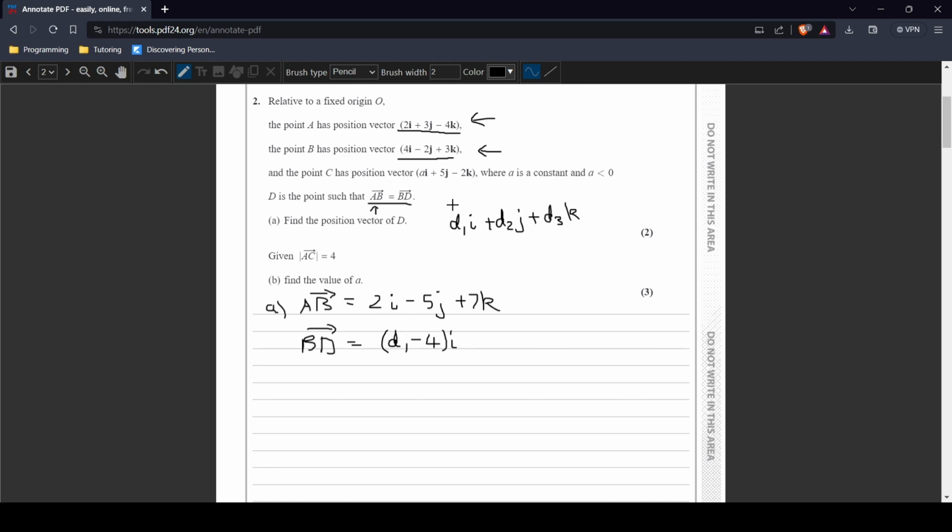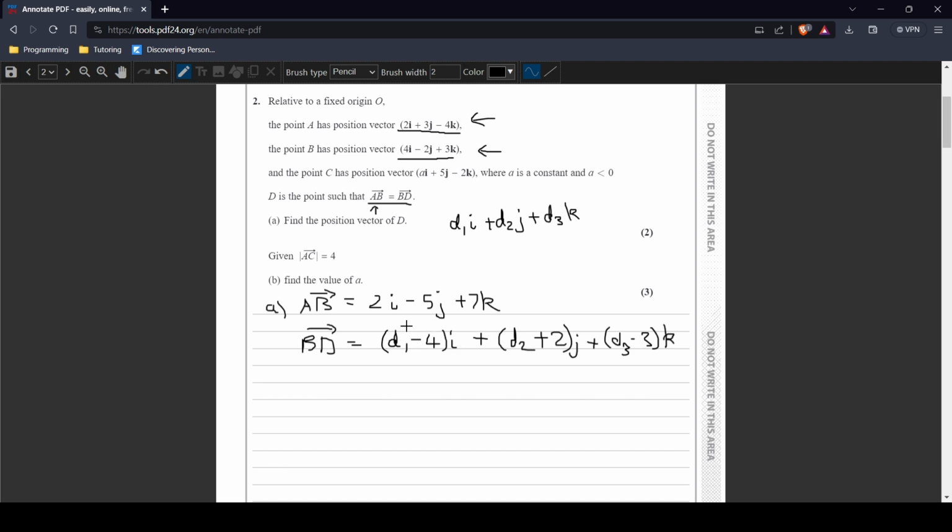So just doing it component wise again, we have D1i here, 4i here. And again for the j, we'll get D2 plus 2j. And then for the k component, we'll have D3 minus 3, so that becomes plus D3 minus 3, lots of k.